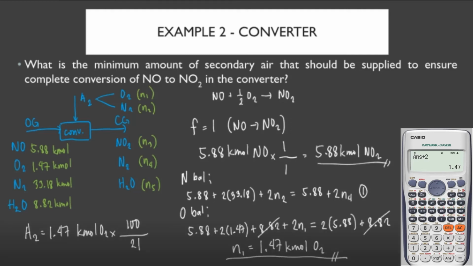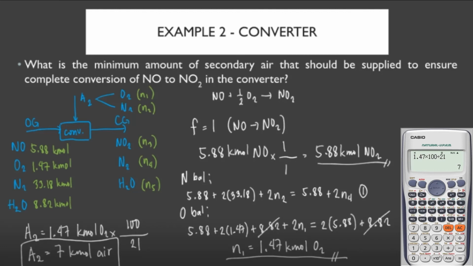The reasoning for this ratio is that for every 100 moles of air, there are 21 moles of oxygen. This offers us a conversion from moles of oxygen to moles of air. Our secondary air is 7 kilomoles air. And that is the backbone of the solution for problems involving the converter of an Ostwald process.